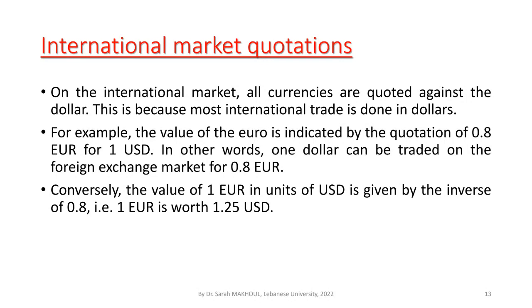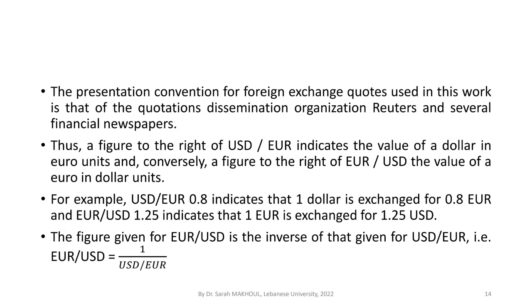And how do we see 1 euro in dollars? You invert the situation. If you want to see that 1 euro is worth 1.25 US dollars, you have to do the inverse. The inverse is 1 over 0.8. If you do the calculation, 1 over 0.8, you will know the value of 1 euro against 1 US dollar. That's an easy way to do the presentation.